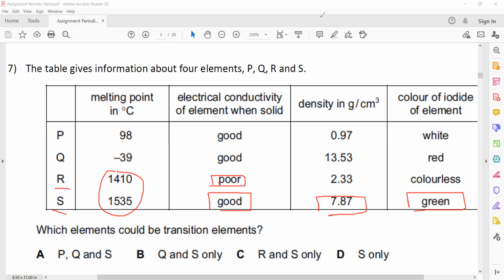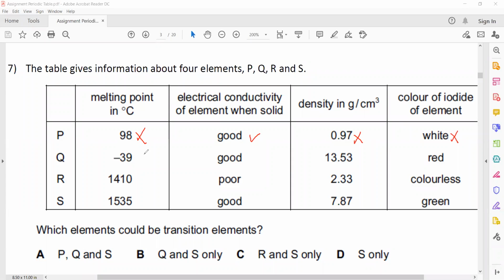If you take, for example, the melting point, it's very low. Good conductivity, yes, but density also very low. Even this 0.97 gram per centimeter cube means it will float on the water, because water density is 1 gram per centimeter cube, and it is white. So this is also wrong.